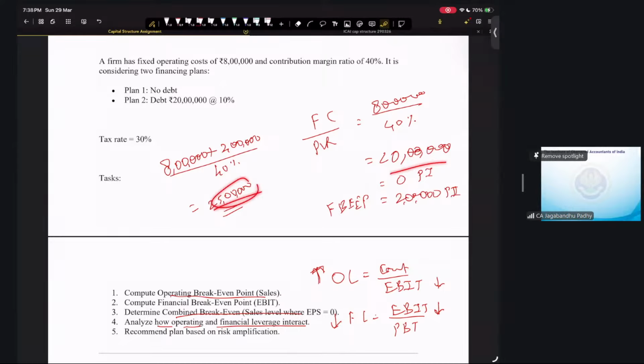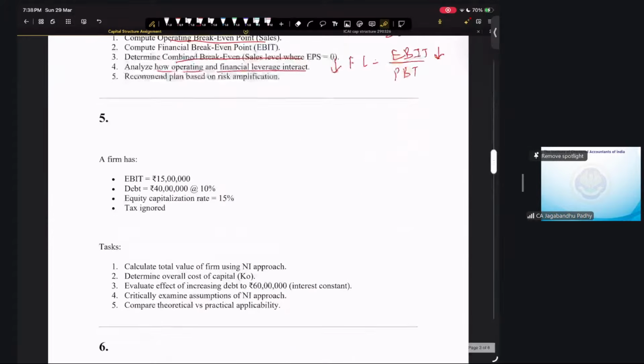So you're adding that additional 5 lakh because of financial leverage, right? So we can definitely say that additional 5 lakh is getting added to the break-even part. But if the company can afford it, then it should go for the debt financing. If the company can't, then it should go for the first plan.